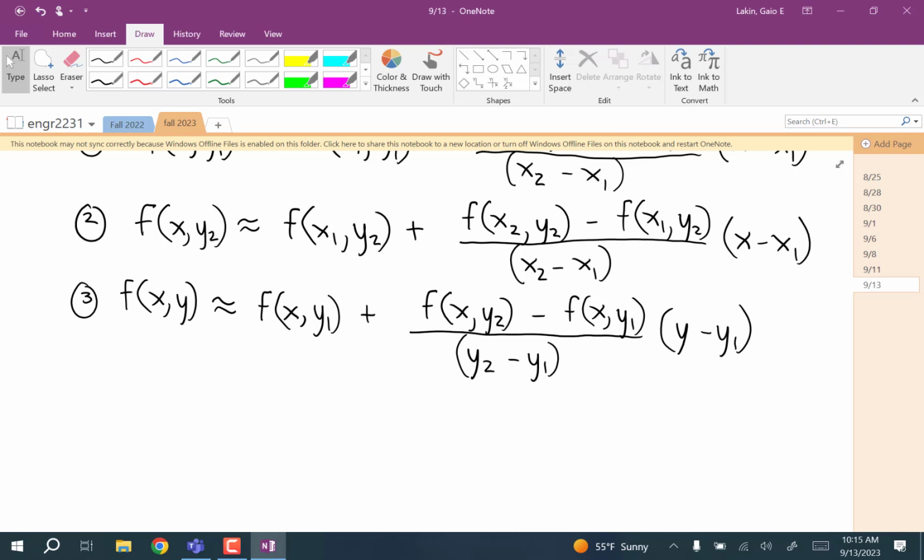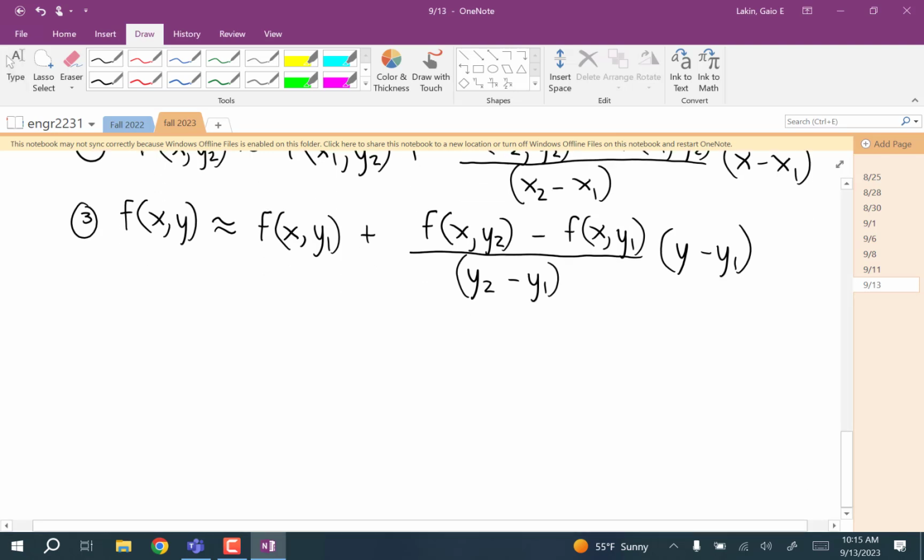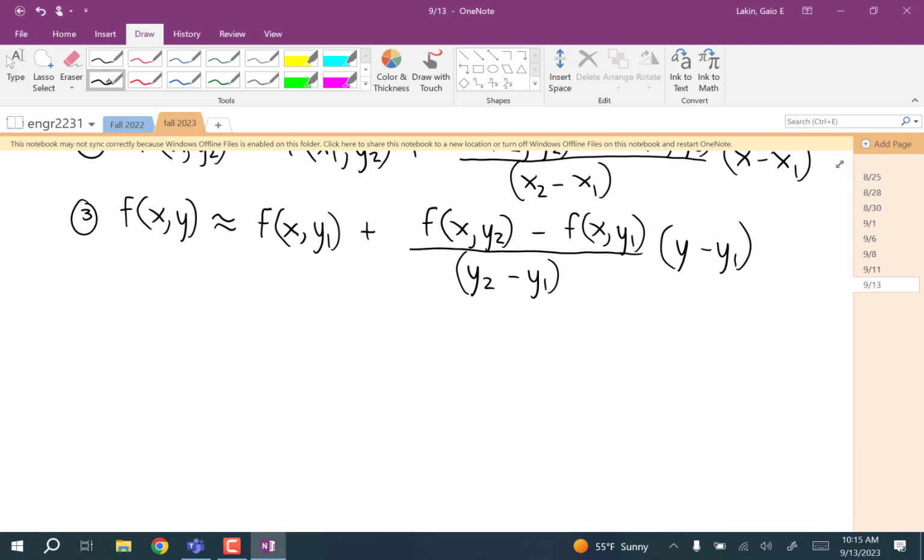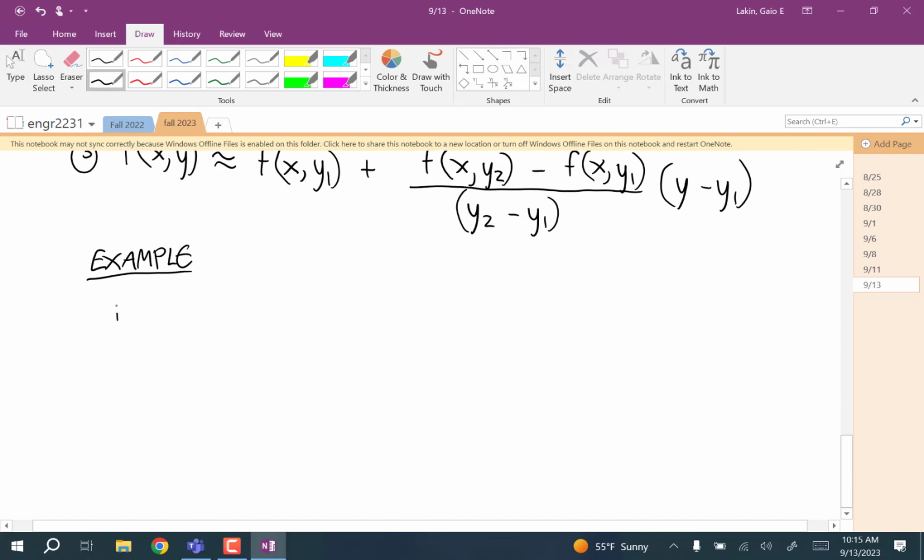All right, let's see this work for just a function, and then let's see it work for properties. So let's say we have this simple function, x squared y squared.